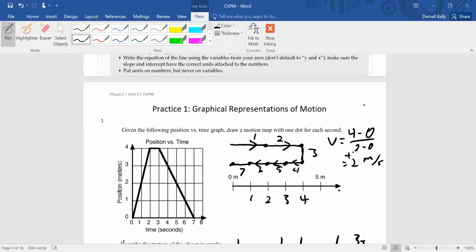Negative is westerly. So even though going back from 4 to 0 is still in the so-called eastern domain, it's going towards the west. Another way that you know it's going towards the west is that the slope will be negative. So what's the slope of the second line?